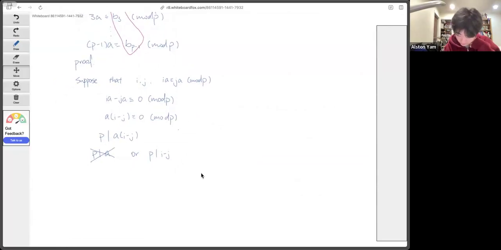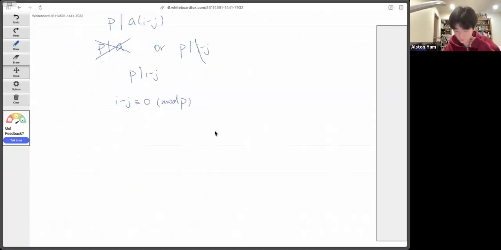So therefore we must have p divides i minus j, and we can write that back in mod terms, which is i minus j is congruent to 0 mod p. If it's congruent to 0 mod p, we have i congruent to j mod p.